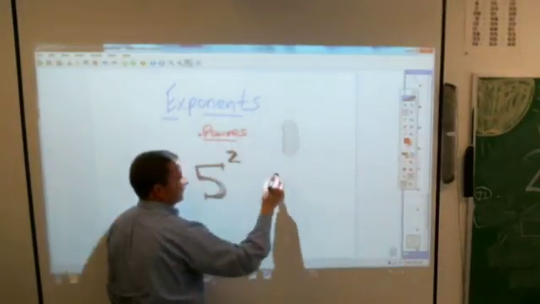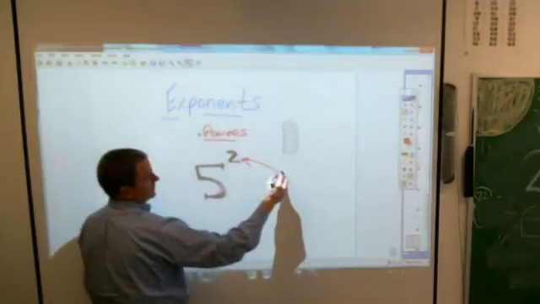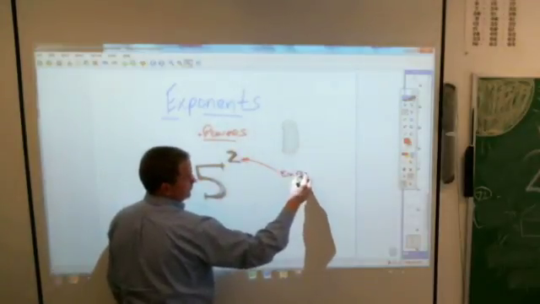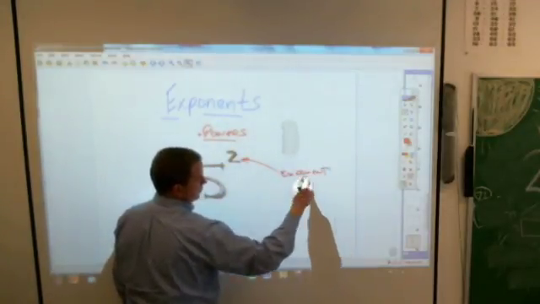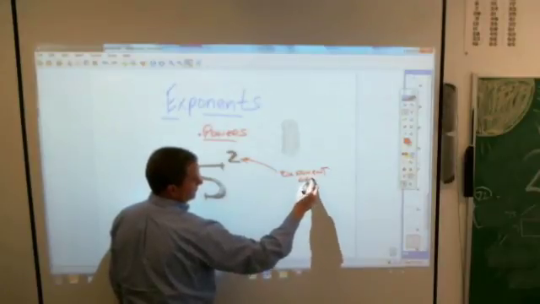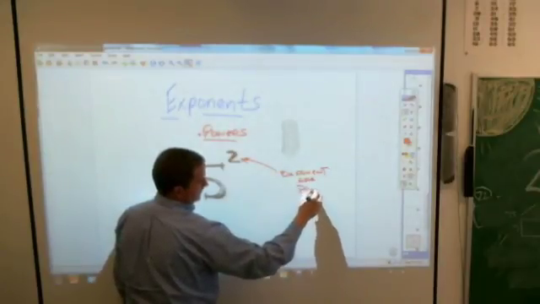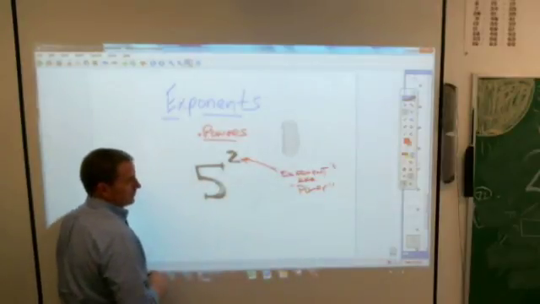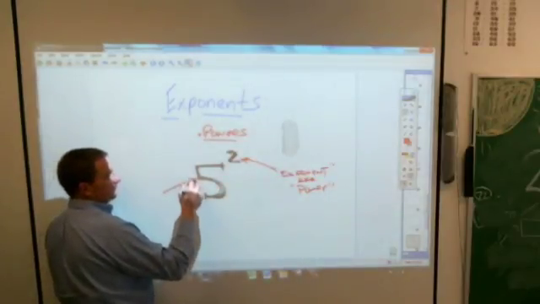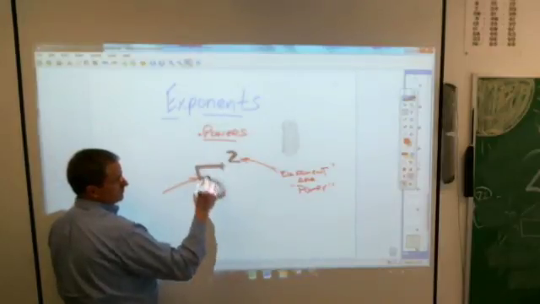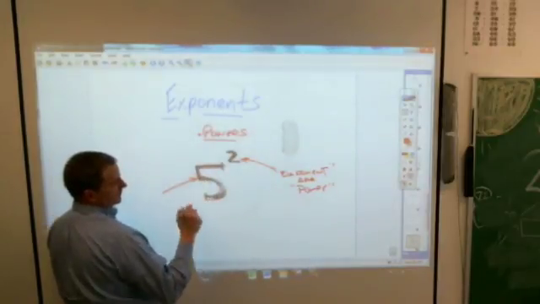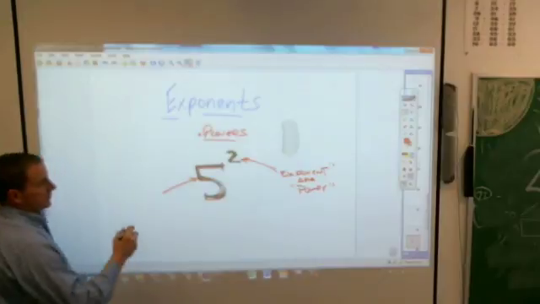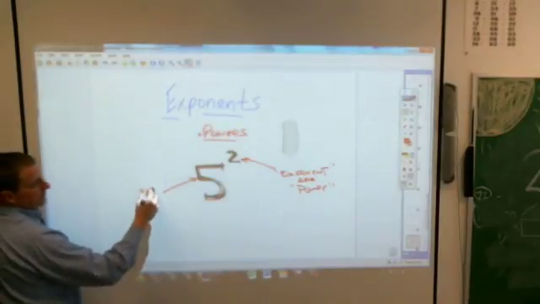This bad boy right here is the exponent, also known as the power. And this number here, what's the 5 known as, you ask? Nobody knows what it is? That number is called the base number.